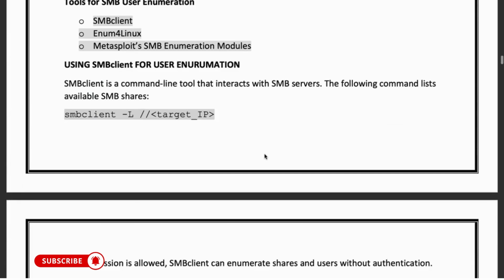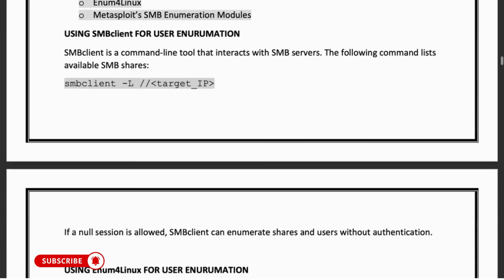So the command for smbclient is smbclient space -L. And if you find any of your directories shareable, you can directly access your shareable drive with the command smbclient space your IP and slash your directory name.